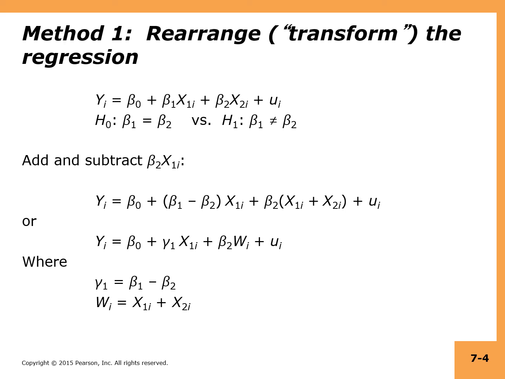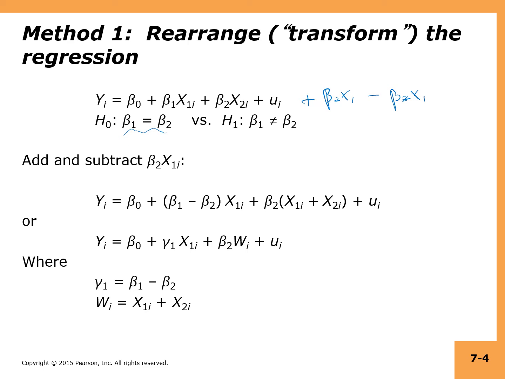So we have a regression equation with two regressors, and we want to test the hypothesis if beta 1 is equal to beta 2. In this case, we can add beta 2 x1 and subtract beta 2 x1 from the regression equation. Since we're adding and subtracting, we're essentially not adding anything.